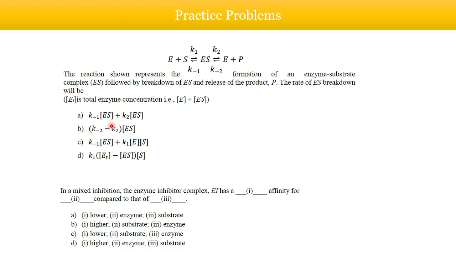So K minus 1 ES, and K2 ES, but they have not actually said that K2 equals K1. Okay, yes, A is the correct option. Right. So you see over here, this is the K2. So from E, the breakdown will be.